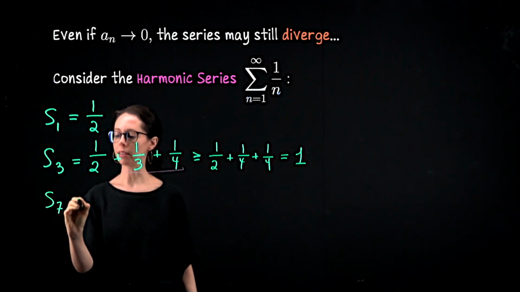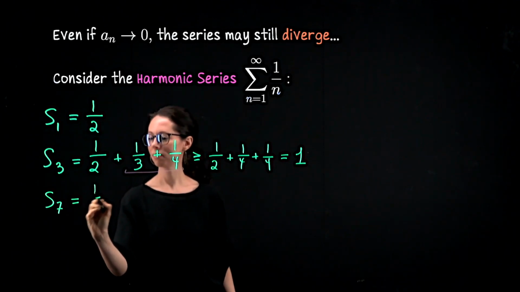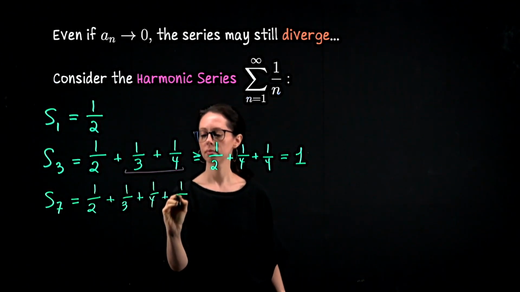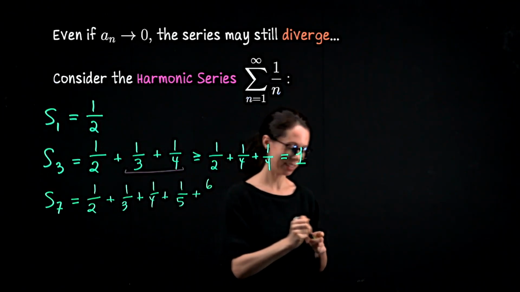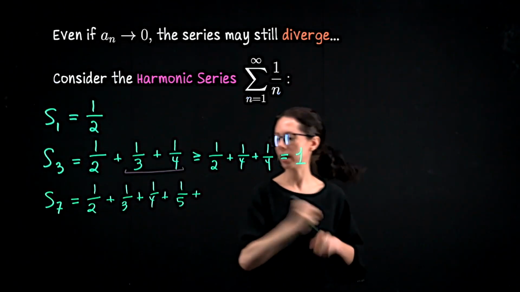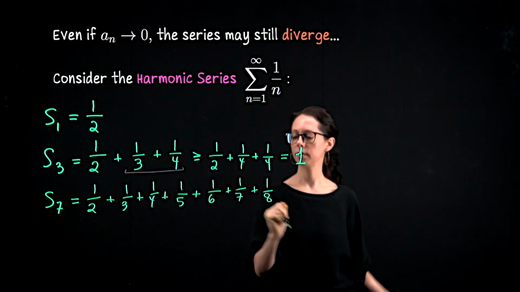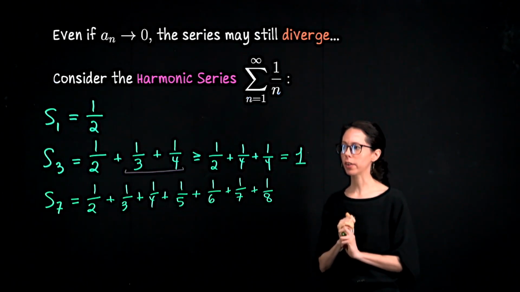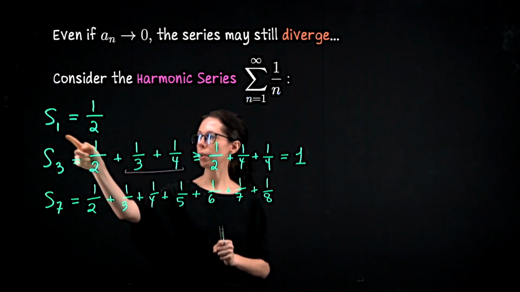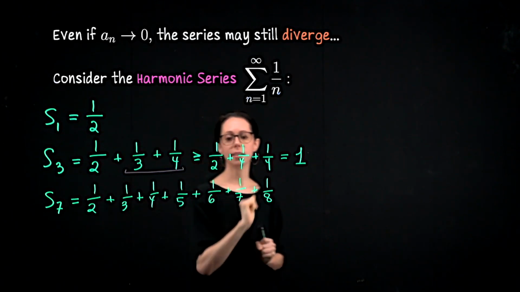S sub 7 would be this plus 1/5, 1/6, 1/7, and 1/8. Let's stop for a second and do a little pattern recognition, and make sure I've identified this correctly as the 7th. Going from 1 to 2, from the subscript to the highest denominator, then 3 to 4, so 7 to 8. Okay, so we're doing this right.